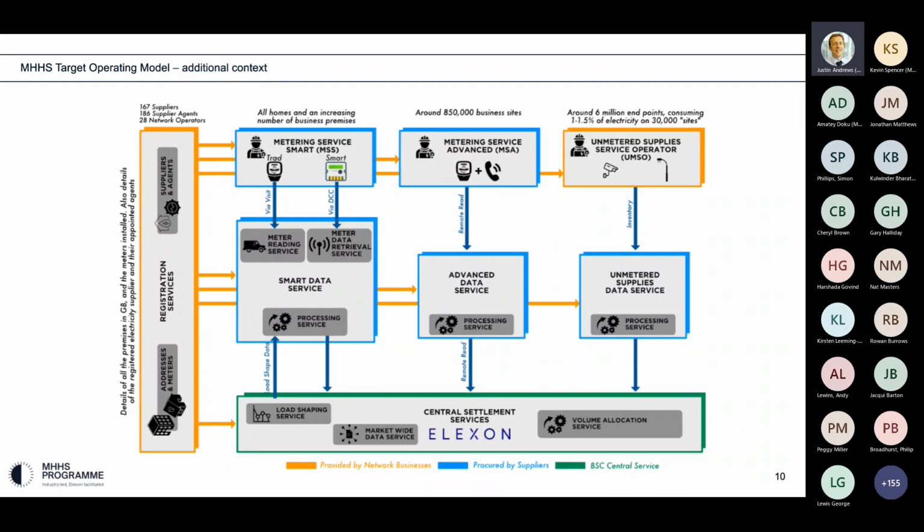And I think we might have in some of the artifacts some more context diagrams, and maybe we'll take an action to append that to the slide pack so you see the wider context of the industry participants around the market-wide half-hourly settlement target operating model.